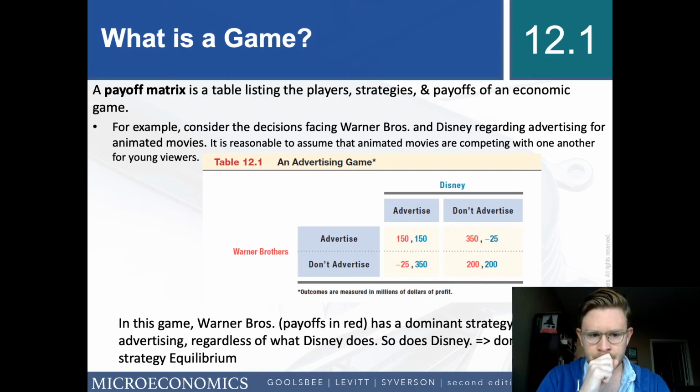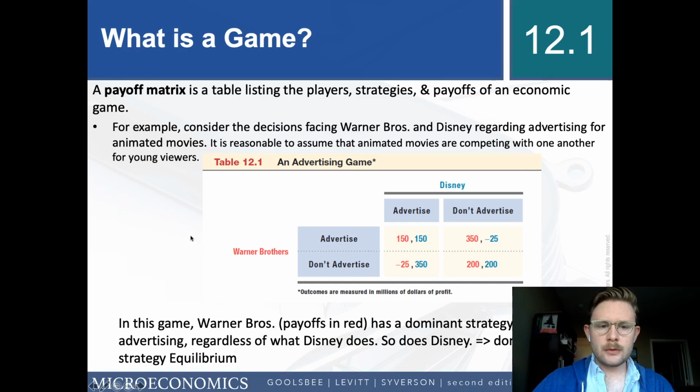In this game, Warner Brothers in red has a dominant strategy of advertising regardless of what Disney does. Disney also has a dominant strategy. We'll go through an example of this in one of the pop-up questions.